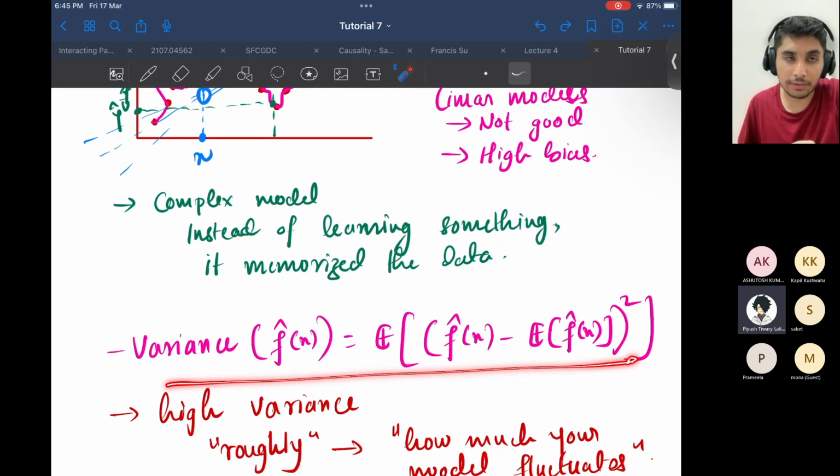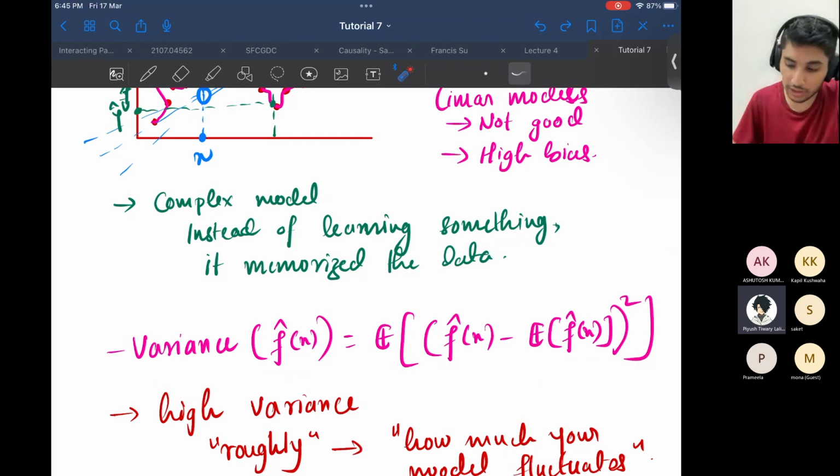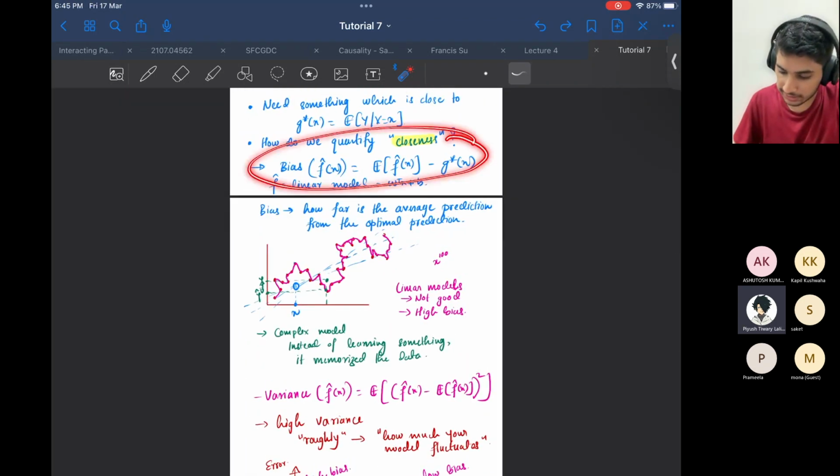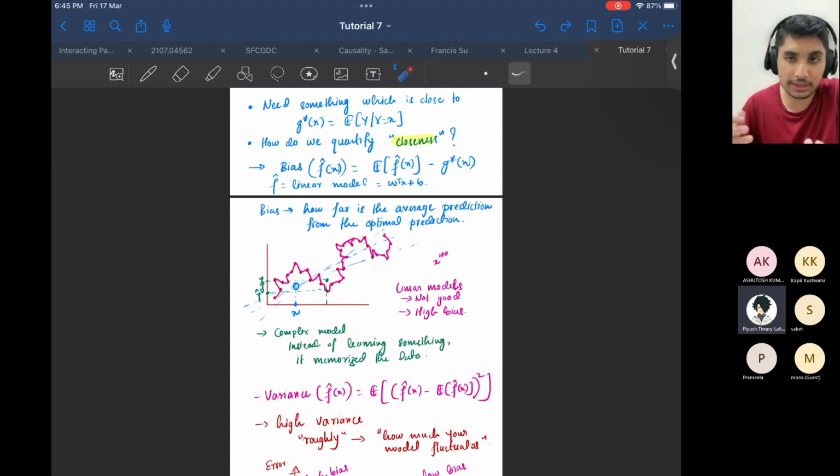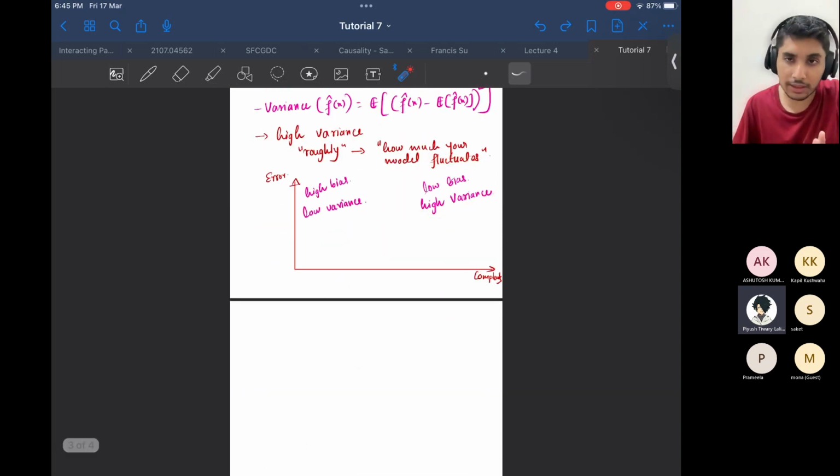I hope you are able to see that this thing and this thing are not related to each other at all. So low bias doesn't imply high variance. This is just an observation.